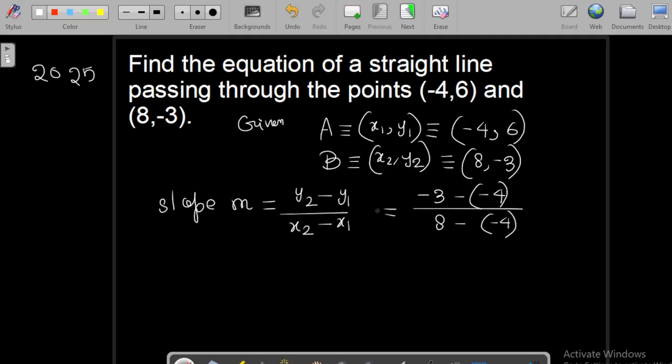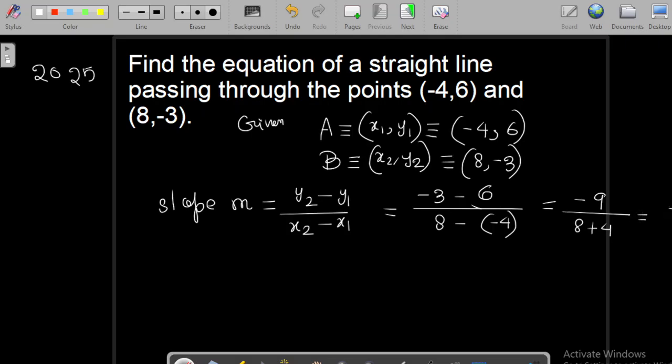Now I think I need a correction here. Y2 is -3 and y1 is 6, not -4. So I need to erase this. Y1 is 6. So it becomes -9 whole by 8 plus 4, that is 12.